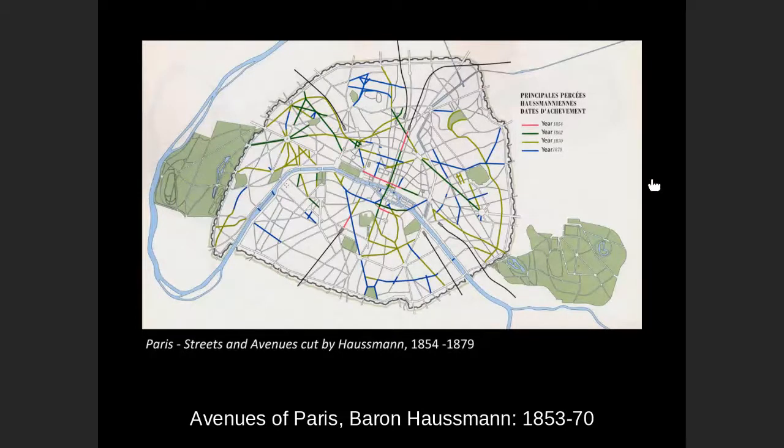As we started seeing more and more traffic from carriages and buggies, and of course, ultimately automobiles, the meandering streets became a major traffic impediment. That wasn't quite as bad in medieval times when people just walked around, but it was more and more a serious issue.